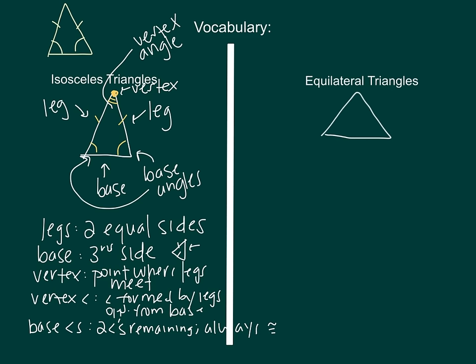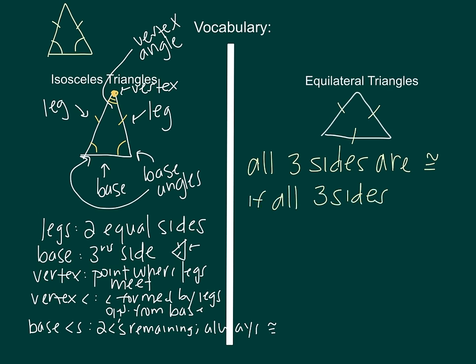Equilateral means that we have three congruent sides. So all three sides are congruent. Okay? If all three sides are congruent, the triangle is equiangular.